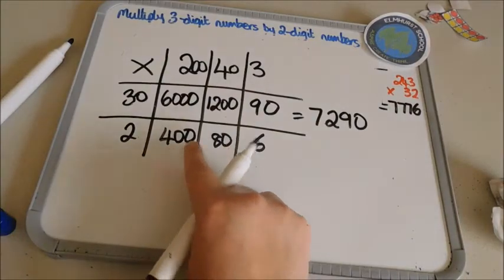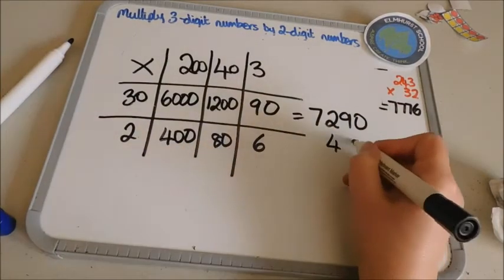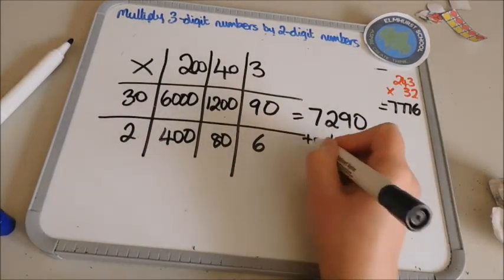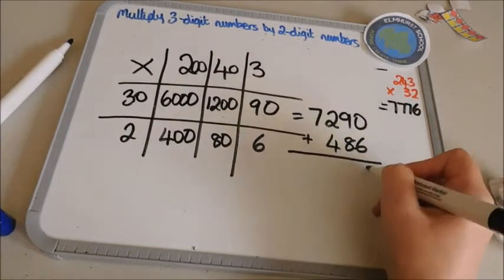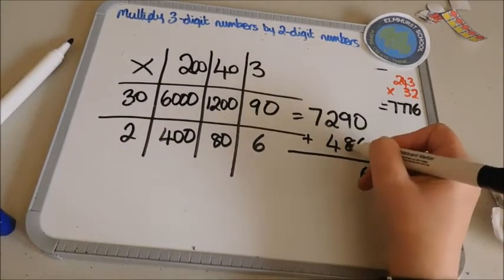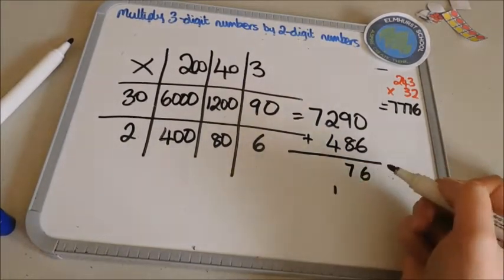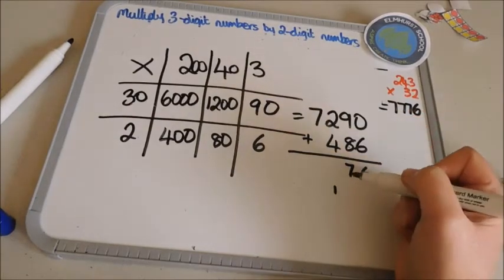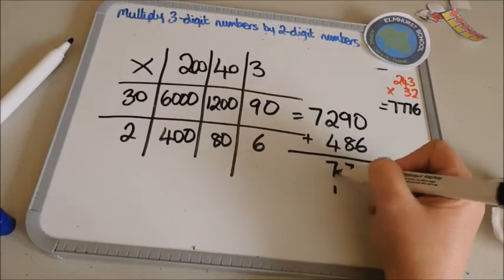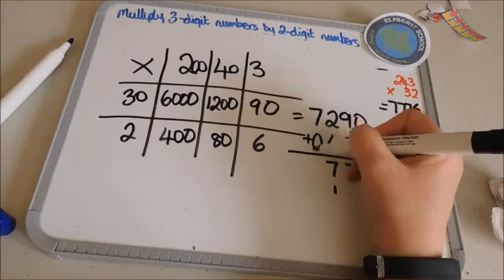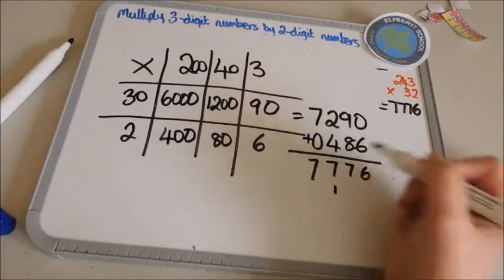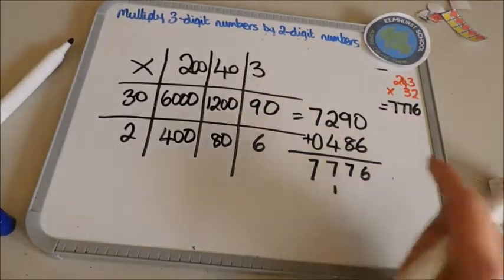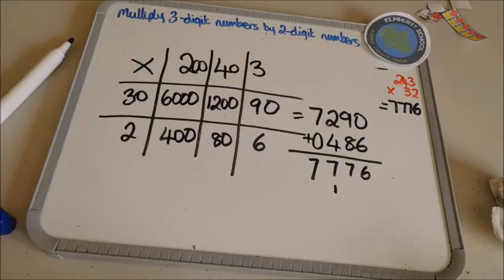And then here I've got 486. If I add that up, nothing add 6 is 6. 9 add 8 is 17. 2 add 4 is 6 plus 1 is 7, and 7 add nothing, you can put a placeholder in if you need to, is 7. So those numbers match up as well.